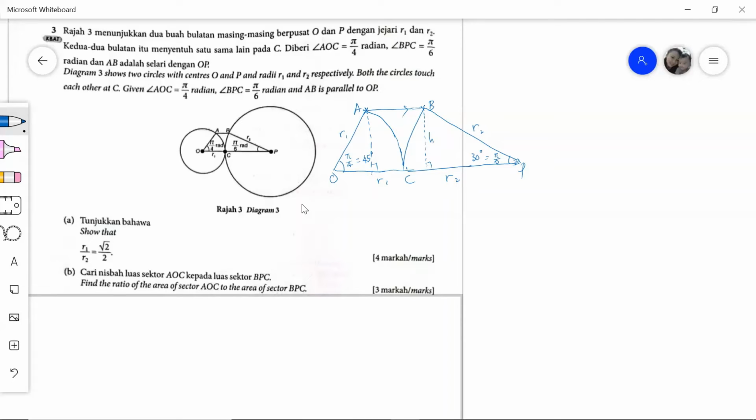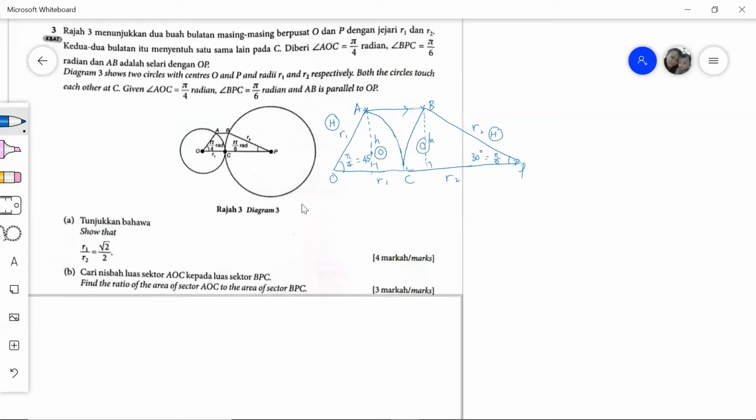So let's just call it H. From the right angle triangles formed, we can relate the angle 45 degrees with R1 and H, as well as 30 degrees with R2 and H. For the angle 45 degrees, R1 is the hypotenuse, and H is the opposite. Same thing goes for angle 30: R2 is the hypotenuse, and H is right across the 30 degrees, so it is the opposite side.